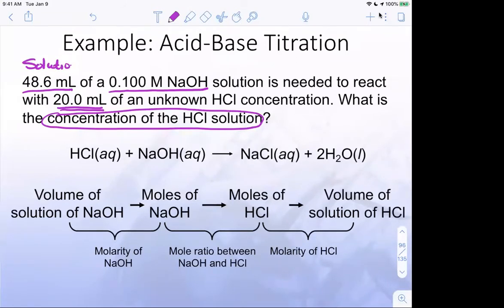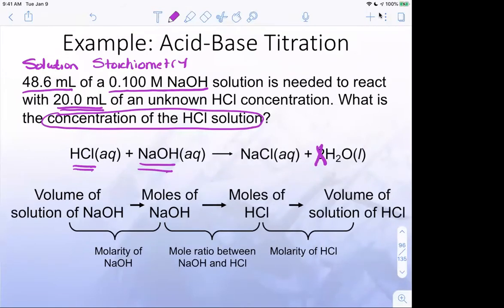Basically, I'm going to do solution stoichiometry. I'm going to write the equation of the acid and the base neutralization reaction. So if I do that, this actually is not a 2 there. I have a 1-to-1-to-1-to-1 relationship.